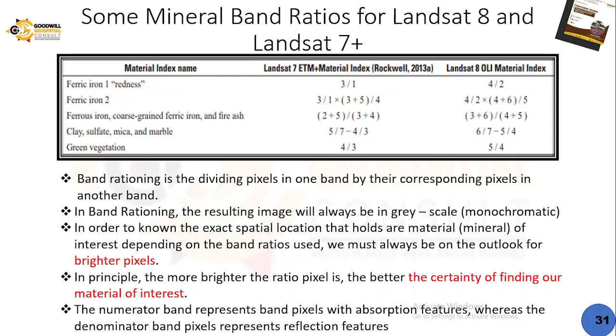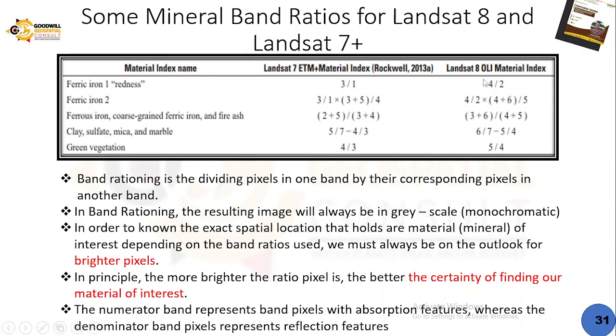The numerator band represents the band pixels with absorption features. So here, band 4 is the band with absorption features. It's the absorption band for iron oxide. Iron oxide absorbs in band 4 in Landsat 8 and reflects in band 2.